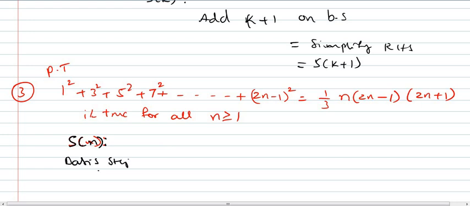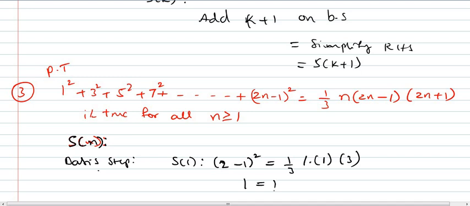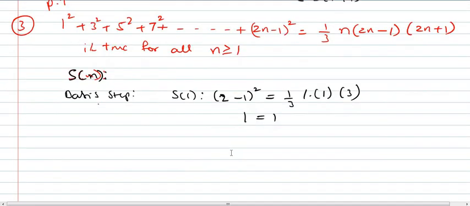Then the basis step, S of 1. S of 1 is 2 minus 1 whole square is equal to 1 by 3 into 1 into 2 minus 1 is 1, into 2 plus 1 is 3. So 2 minus 1 is 1, 1 is equal to 1. So the basis step is true.